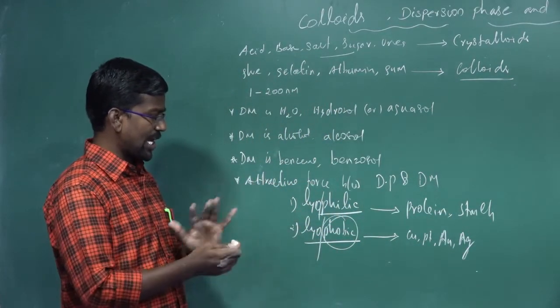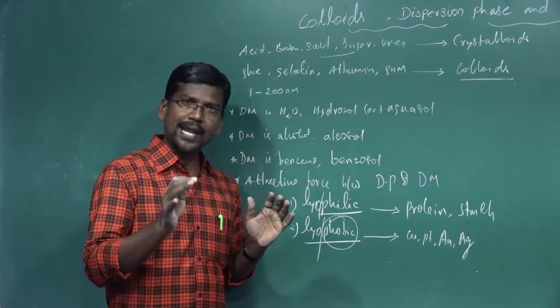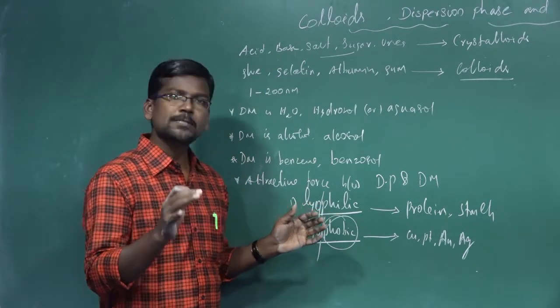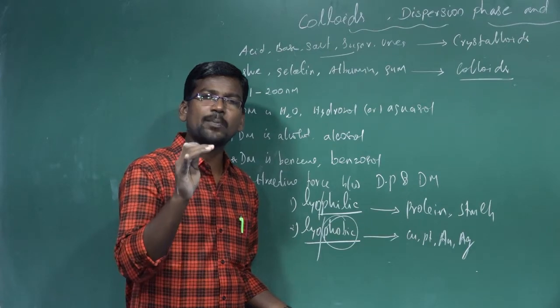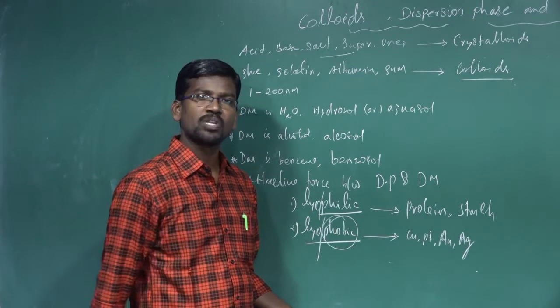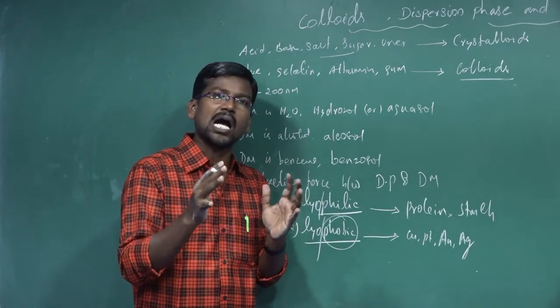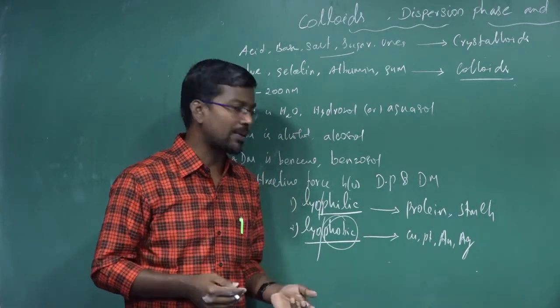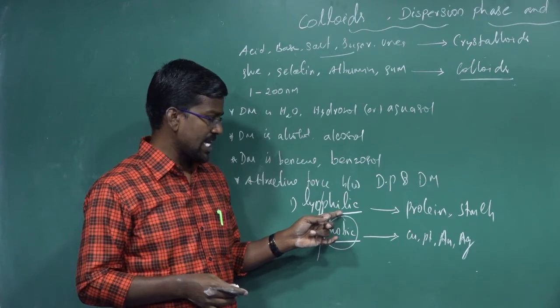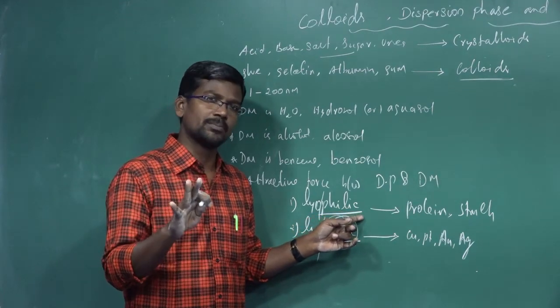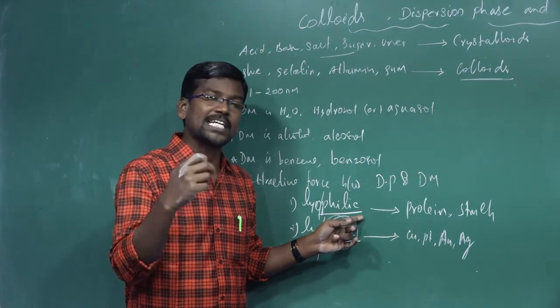So what is the meaning of a lyophilic substance? In a colloidal solution in which the dispersed base has considerable affinity for the dispersion medium, with very strong attractive forces, it is known as a lyophilic substance. Lyophilic substances are more stable and cannot be easily precipitated.